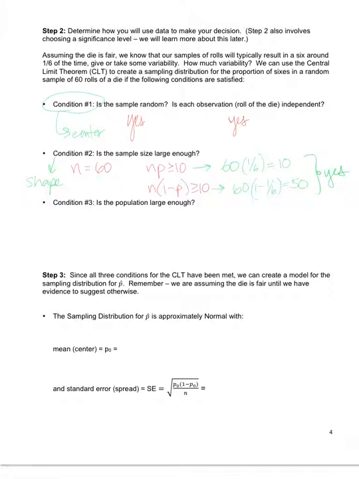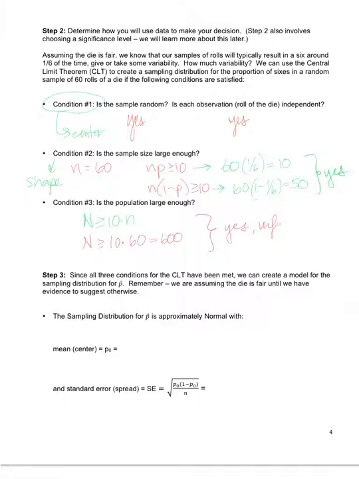All right, condition 3, we want to check if our population is at least 10 times our sample size. So our population, capital N, population size, should be bigger than 10 times 60, which is 600. And we can say, yes, it's met, because there are more than 600 rolls.